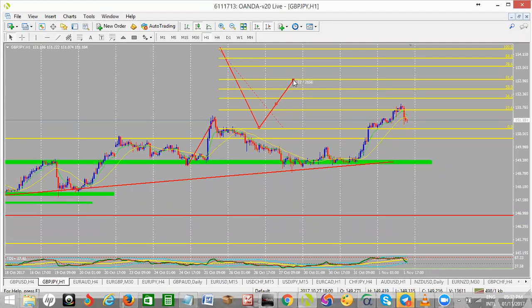So I love this 61.8. Once the market goes to 61.8, that doesn't mean you take the trade. You want to see a rejection of the 61.8, and I'm going to show you what a rejection means.